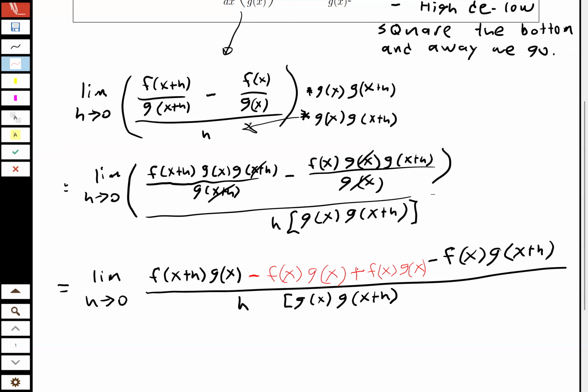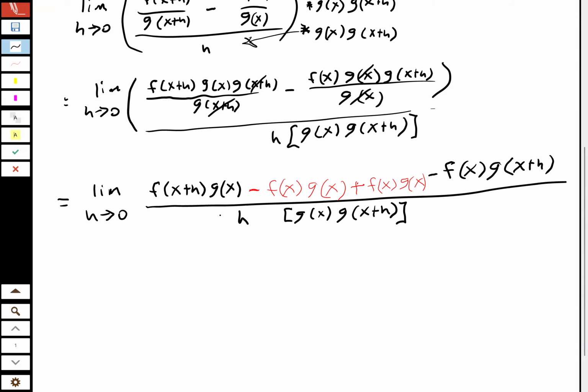This seems to make things worse before it gets better, but let's look at grouping this together as two separate expressions. Let's look at the limit as h goes to 0 of f of x plus h times g of x minus f of x g of x. So grouping together these first two things, here we are.